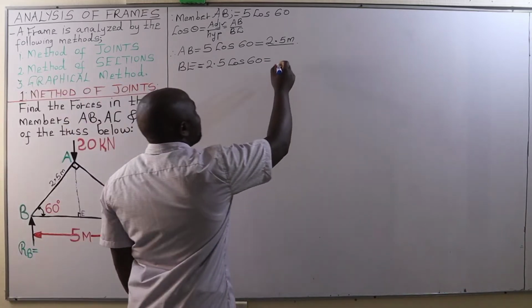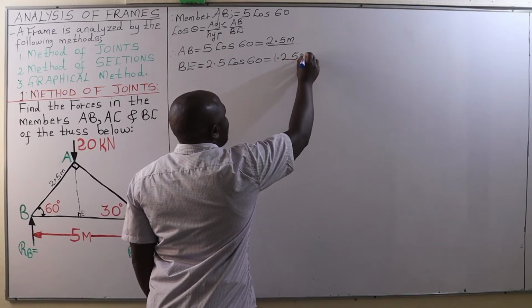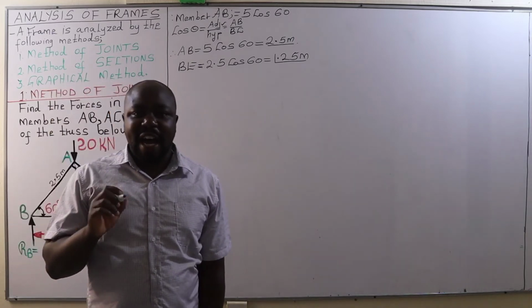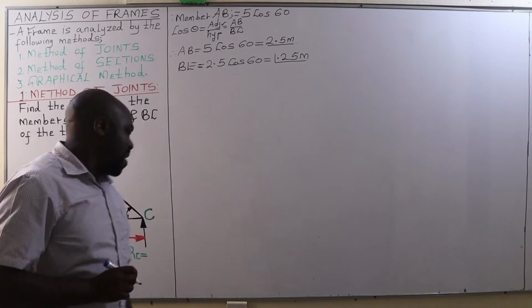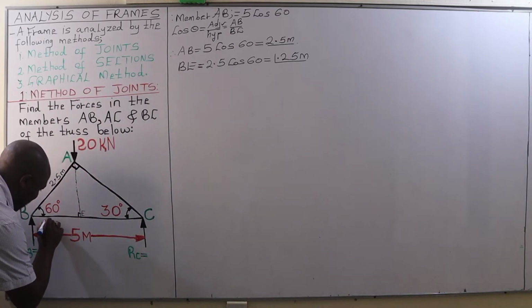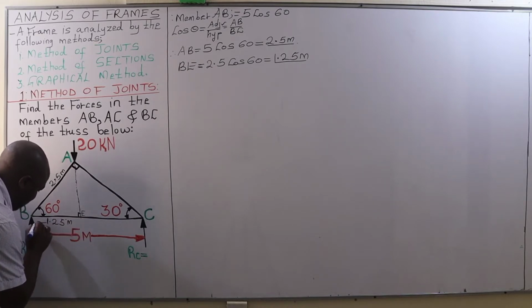And that's going to be 1.25 meters. Therefore, the line of action of 20 kilonewtons from B, this point here, B to E, will be 1.25 meters.